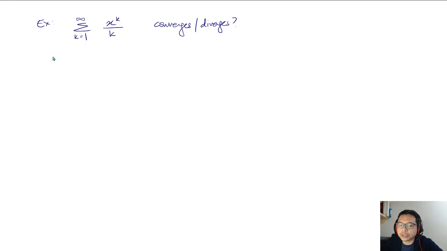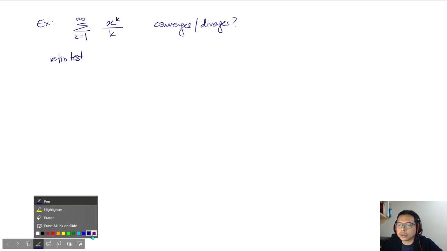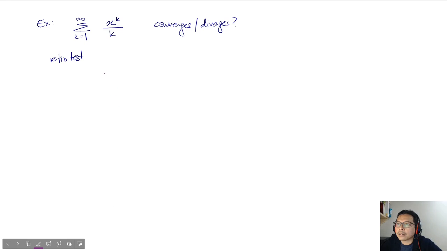Okay, so we use the ratio test again. Ratio test. All right, as usual, I'm going to use this one. I know rho will be equal to the k plus 1 term, which is x to the power of k plus 1 up here, divided by k plus 1, divided by the kth term, which is x to the power of k divided by k.